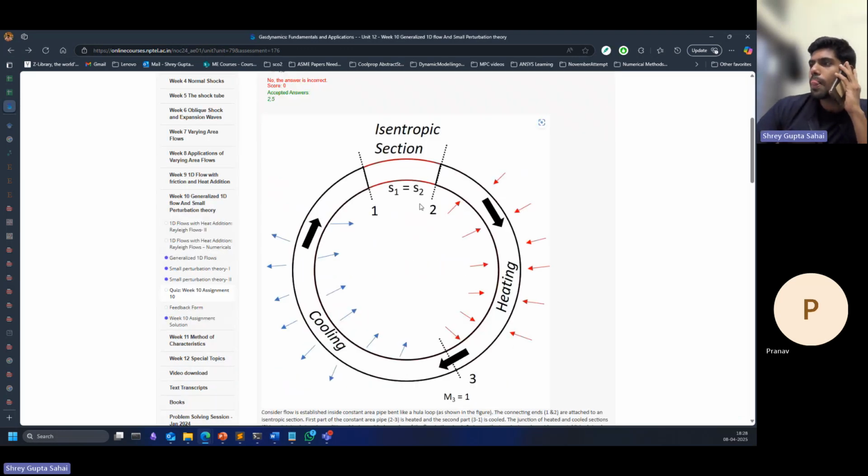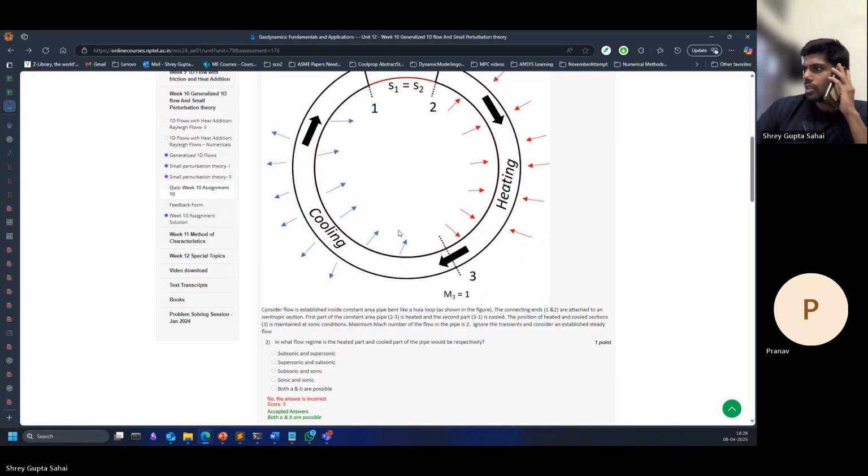From 1 to 2, it will be subsonic, and then you can't reach supersonic without a constant area section. If you have a point from 1 to 3, the connecting edges are attached to an isentropic section, so nothing is changing. Then it means that it has to be subsonic and then supersonic. Yes. Let me think.